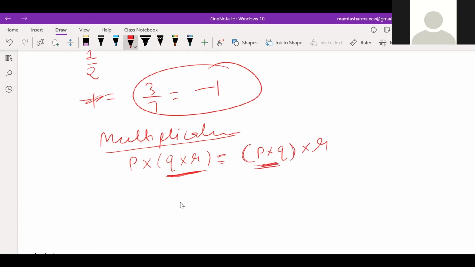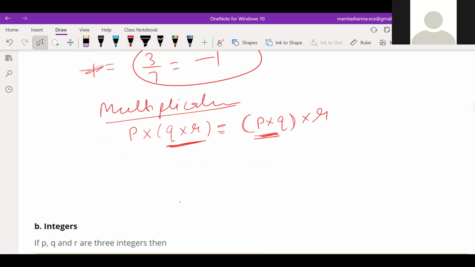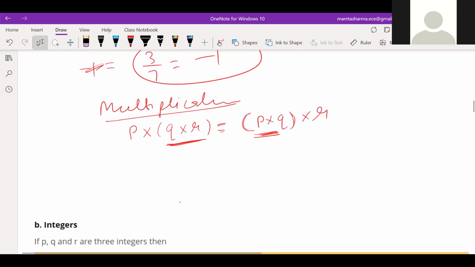First, you are grouping Q and R on the right hand side, and now you are watching the result. Even if you are changing the grouping, the result should not change. If the result does not change, it means it satisfies the associative property. Now take the values of P, Q, R and find out.